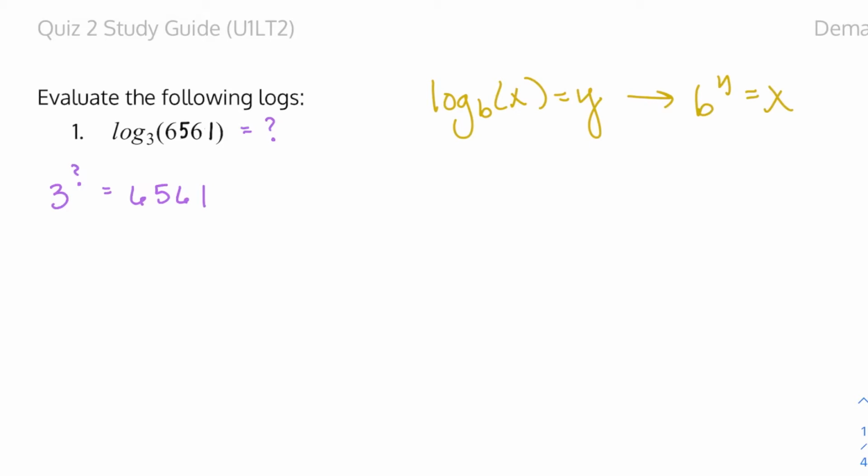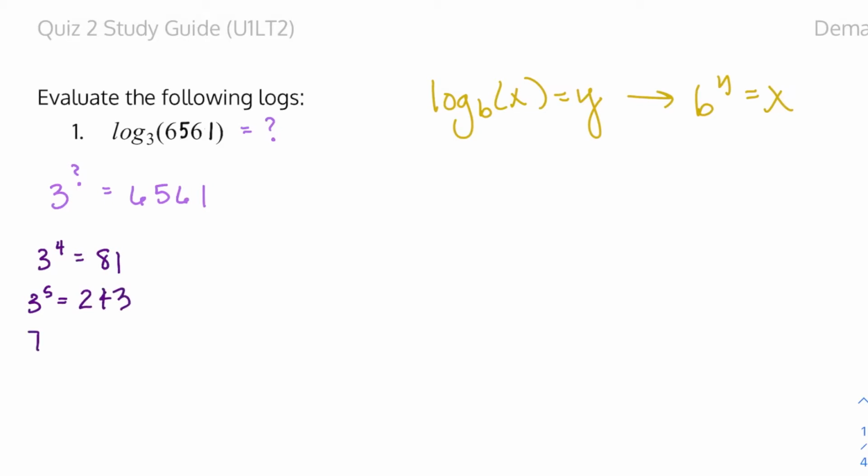Math common sense would tell me that it's probably bigger than 3 cubed, right? 3 times 3 times 3 is not going to equal 6561. So I'm going to start in my calculator with 3 to the 4th. 3 to the 4th, that's 81. You don't have to show this work. I am simply showing it so you know, since this is a video and you can't see my calculator, what I'm typing into my calculator.